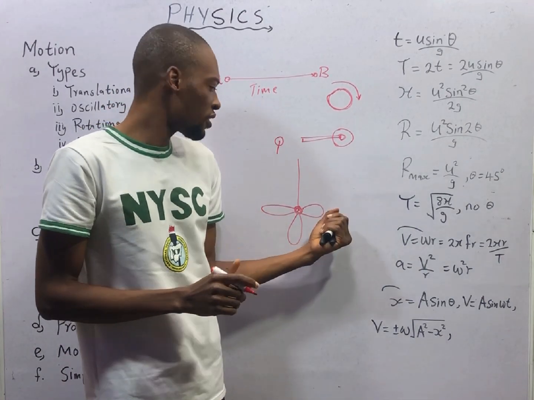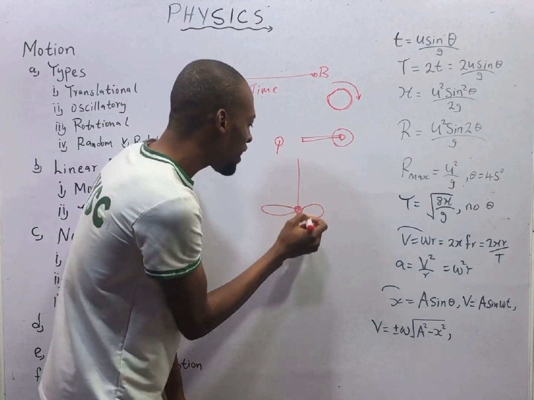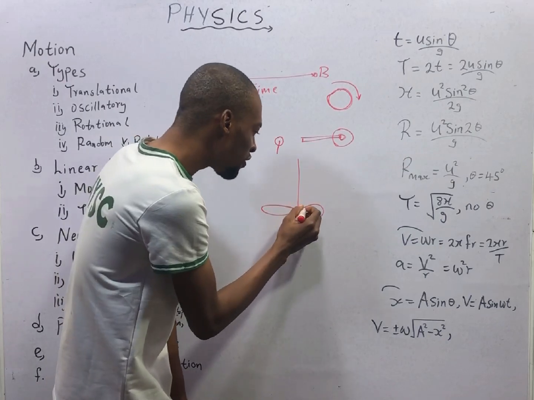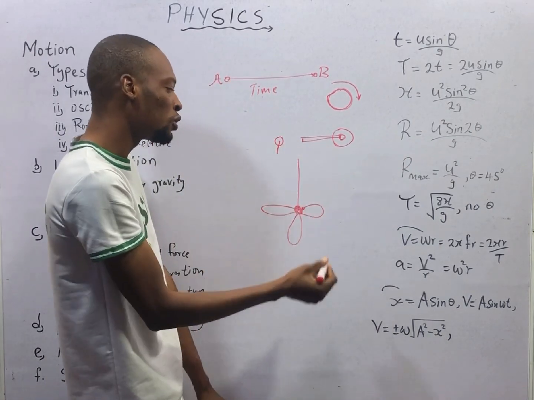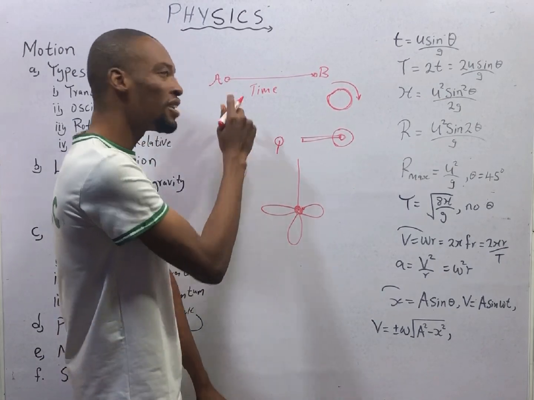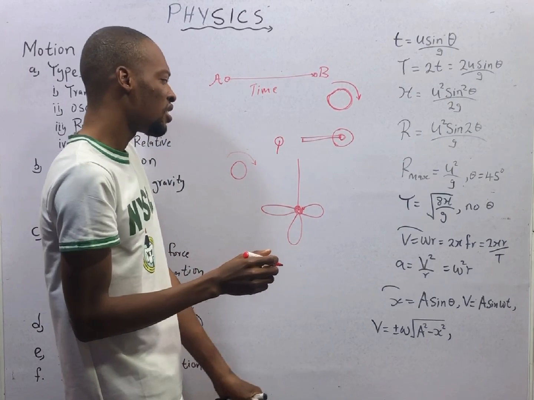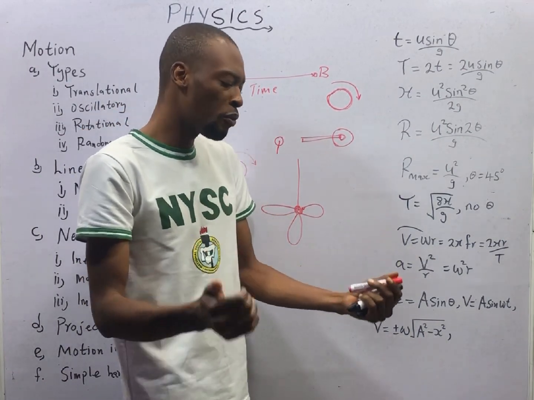Now, in the ceiling fan, the movement of the fan about its axis is rotational motion. But the movement of the fan blades about this axis is circular motion because here is fixed while the fan blades are moving around it. And these are things you should note about circular motion.